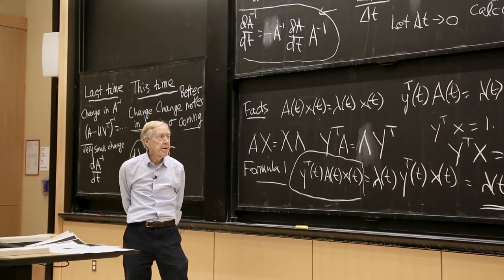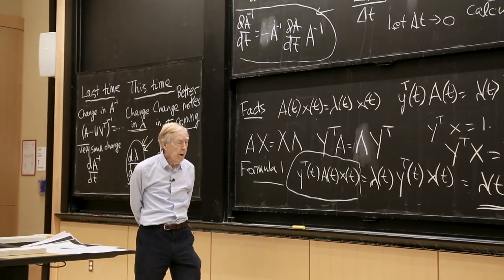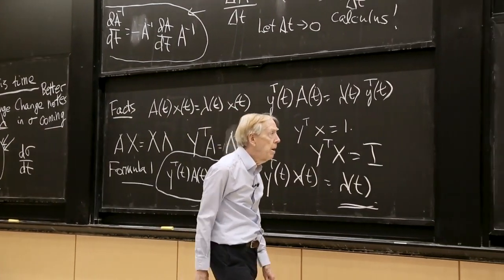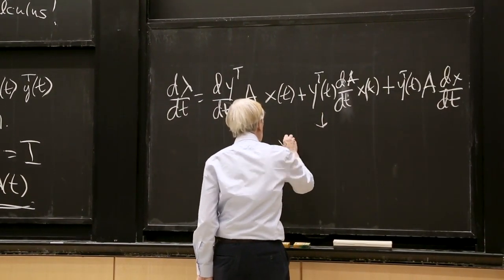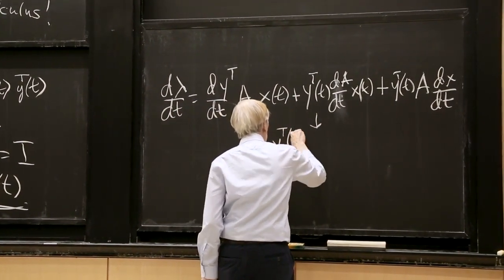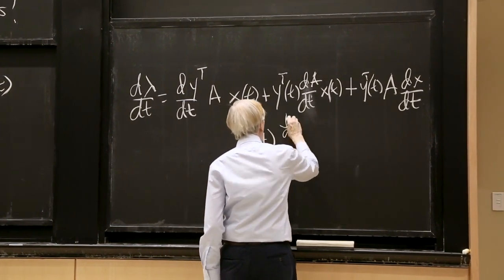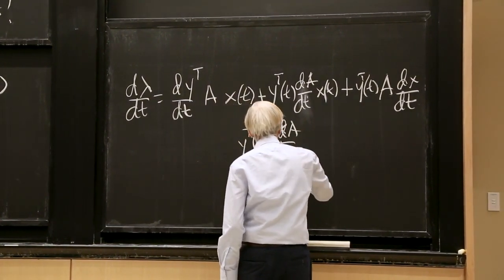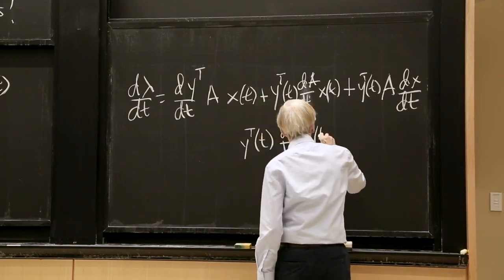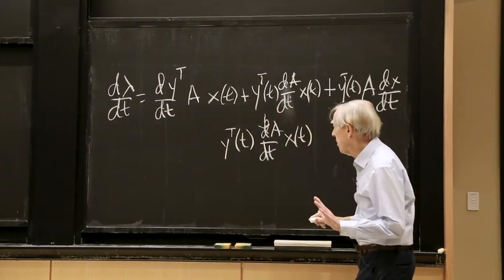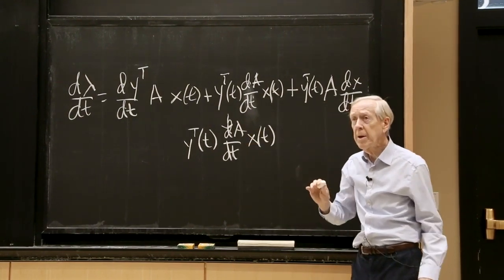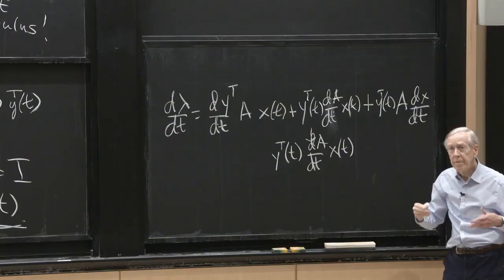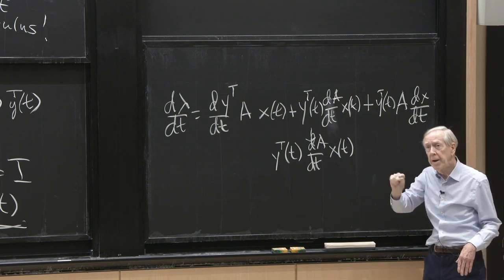So what do I get if I take that derivative? Well, this term I'm going to keep. I'm not going to play with that. Everybody's clear, that's a number. Here's a matrix, dA dt is a matrix. I take the derivative of every entry in A.